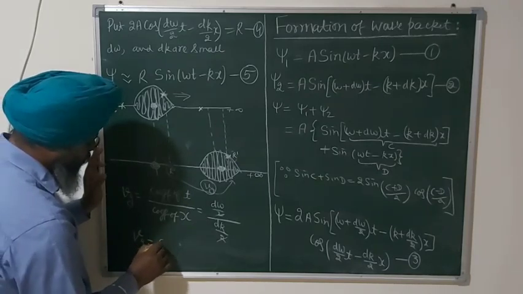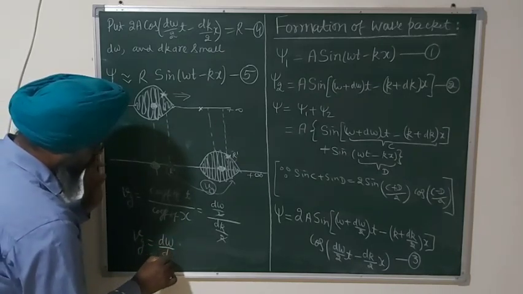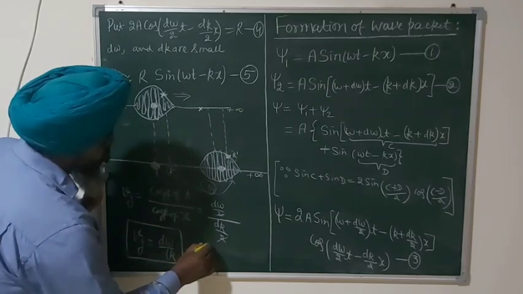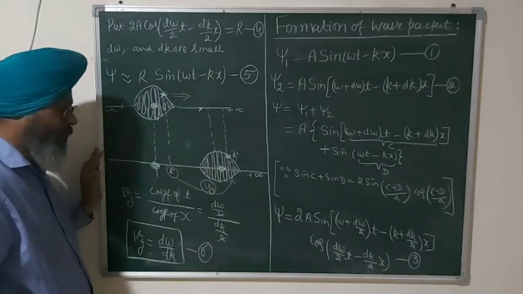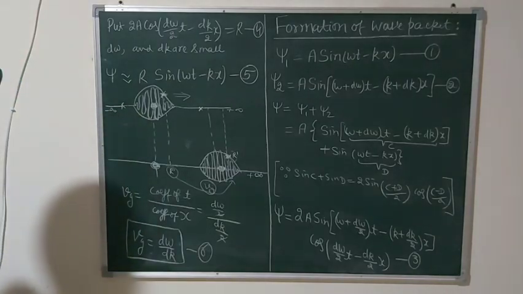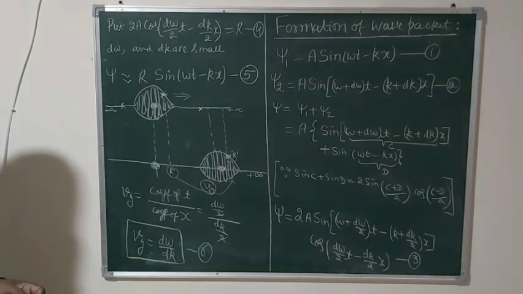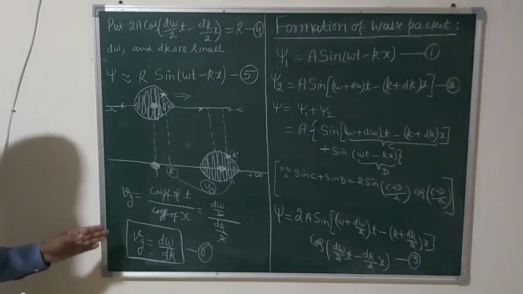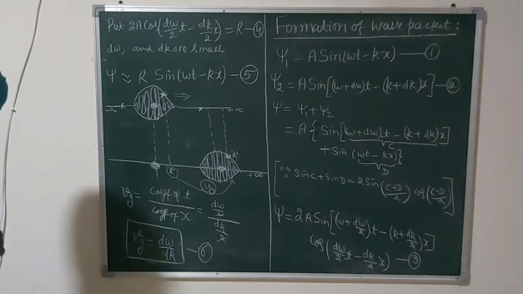Vg is equal to d omega by dk. Let me call this equation number 6. This is the first expression for group velocity. It is the velocity of the wave packet attached with the de Broglie waves. Therefore, group velocity is the derivative of omega with respect to k.